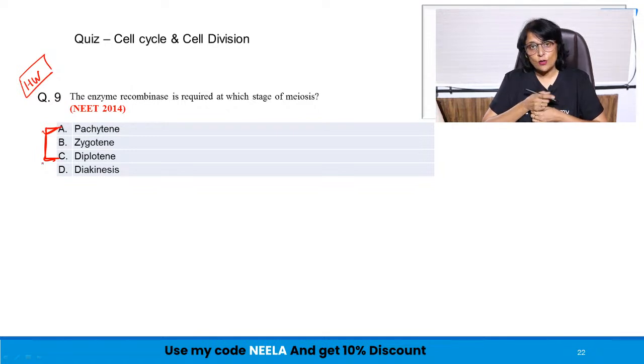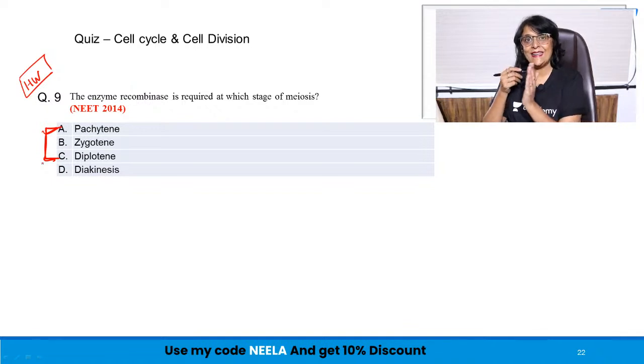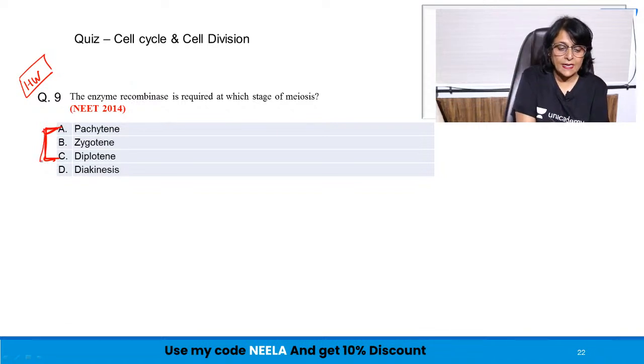So as I told you when we were talking about these stages, the process begins in one stage and gets completed in the other stage, because there is no clear-cut demarcation. That is why I want you to read the NCERT paragraph for meiosis, and then we will be deciding out of these two.